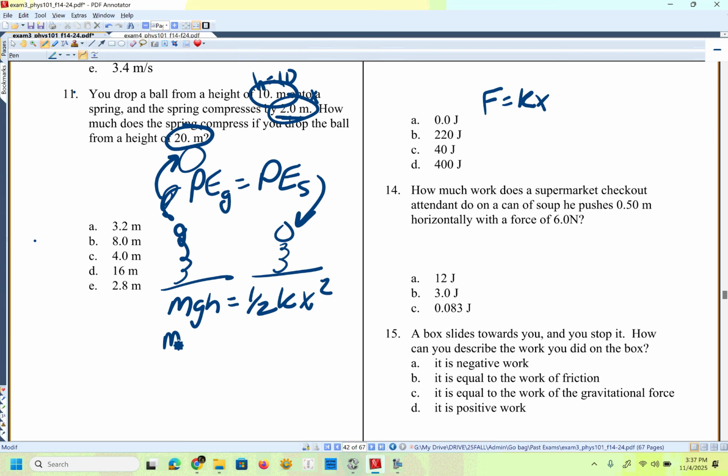If I double h right here, how is that going to affect x? By how much does x have to change? Not 4. This is a little tricky. We haven't done one like this before. If I double x, or I'm sorry, I double h. Let me write it out.